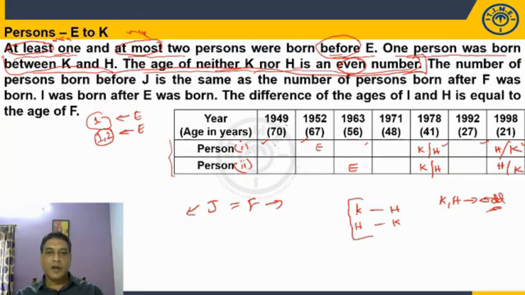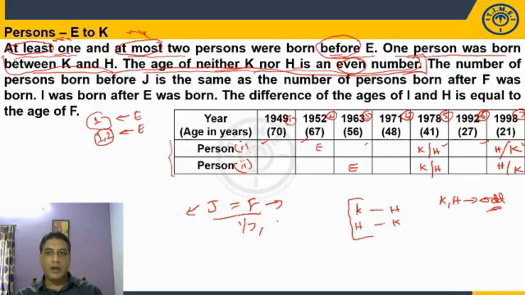So let us number these positions as 1, 2, 3, 4, 5, 6, and 7. According to this statement, J and F should be in 1 and 7 in any order. J may be 1 and F may be 7, or F may be 1 and J may be 7.